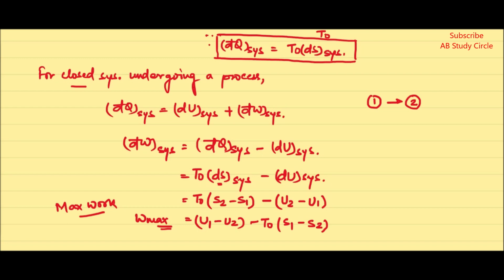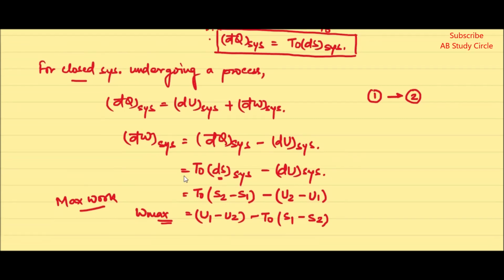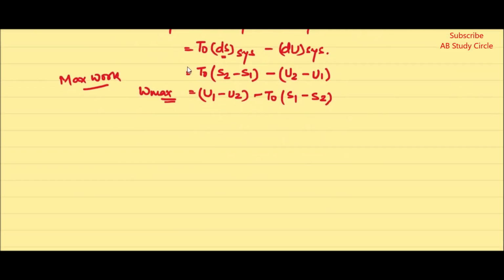But as this is a closed system, the work which we got, we have to use some part of it against the atmospheric pressure. So the maximum useful work will be W max minus the work done against the atmosphere.